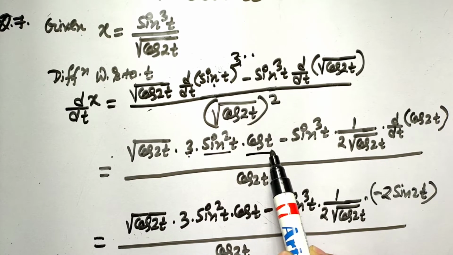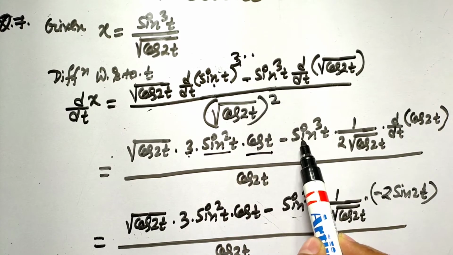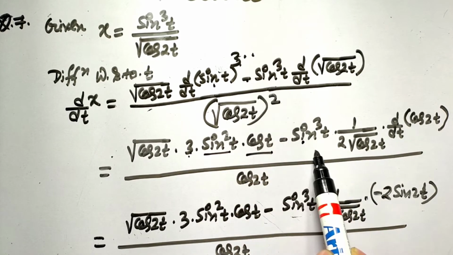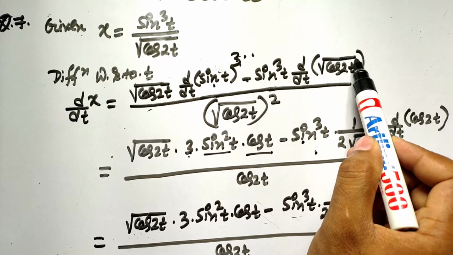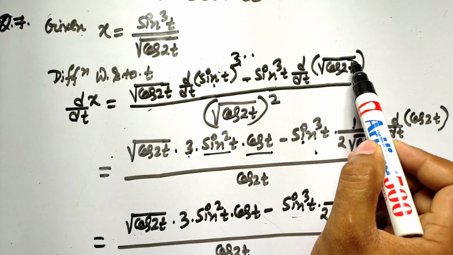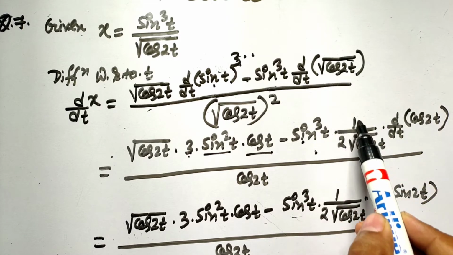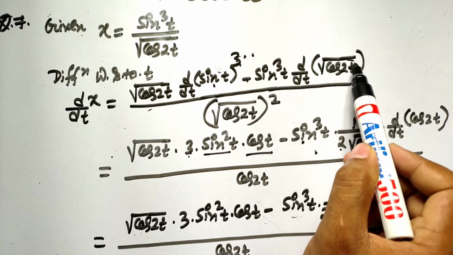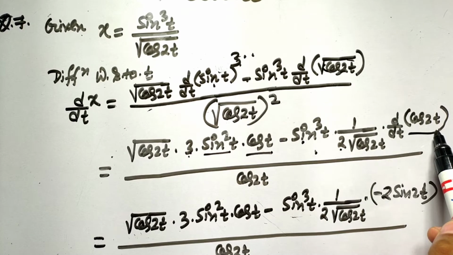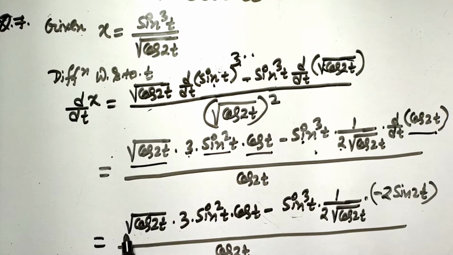Okay students, minus sin cube t remains as it is. Next, assume this is u, so for root under u the derivative is 1 by 2 root under u into derivative of u. Okay student, so just write it down as it is.